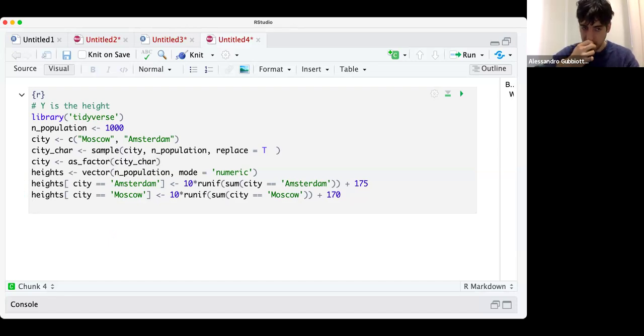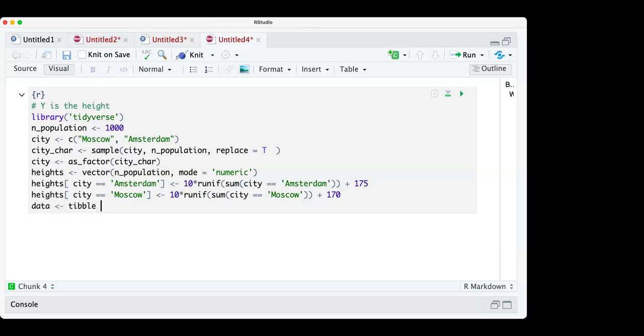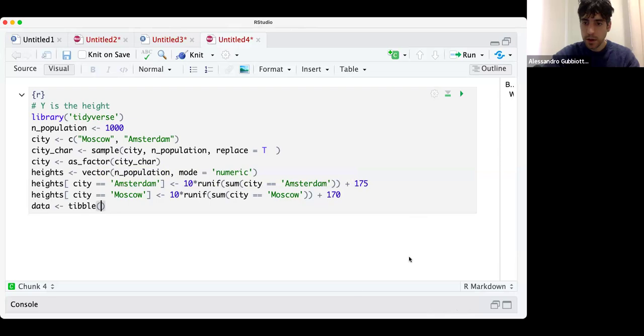Okay, now I should be able to plot x against y. So let me put everything into a data frame. So I need to put here the city and the heights.